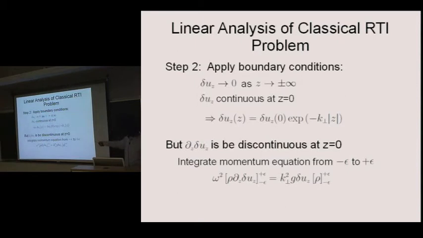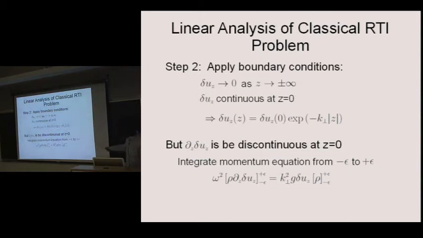So the first three boundary conditions are pretty easy. We want the perturbation to go to 0 at infinity. And you also want the vertical velocity at the interface to be continuous, because otherwise the interface wouldn't stay as an interface. Applying these, you end up with this solution.